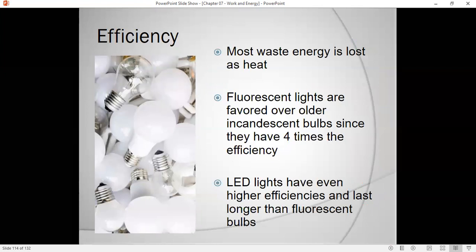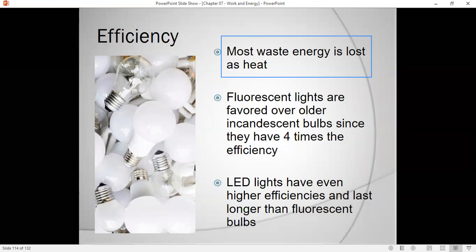Now, for many energy systems, most of the energy is lost in the form of heat. Fluorescent lights are favored over older incandescent bulbs, and they have 4 times the efficiency, which means we get 4 times more useful energy out for the same energy in. However, fluorescent bulbs have a problem.